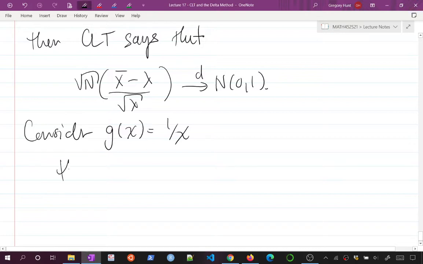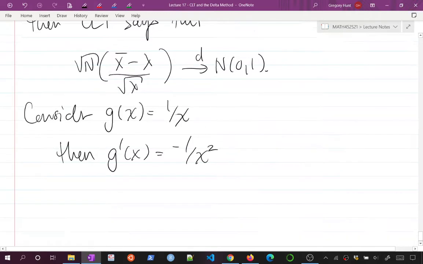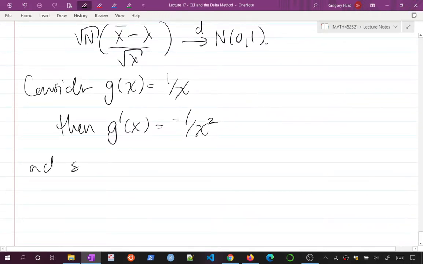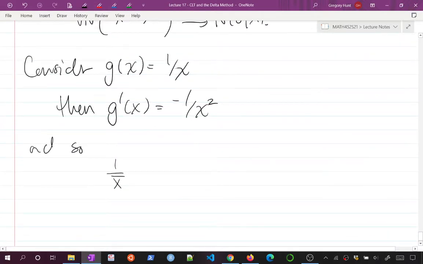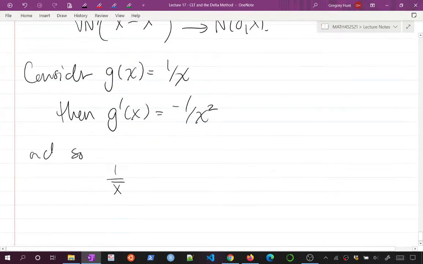Then for the delta method, g prime of x is negative 1 over x squared. And so before we had x minus lambda, we can now look at 1 over x bar. Maybe we should write it this way. This CLT can be written as root n times x bar minus lambda converges to a normal 0, lambda. It doesn't really matter, but this is typically how people write it for the delta method.